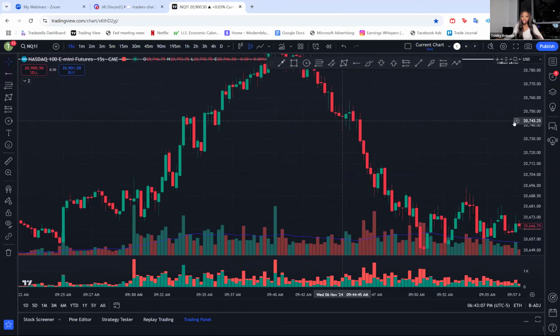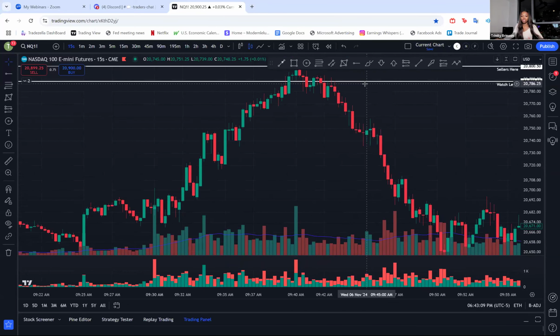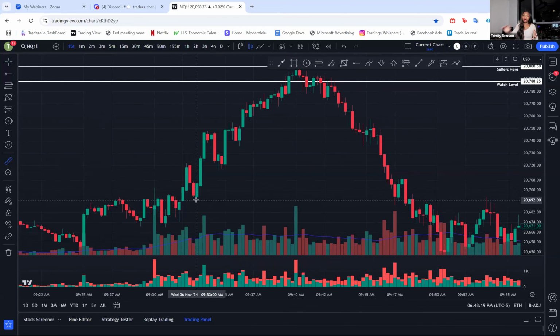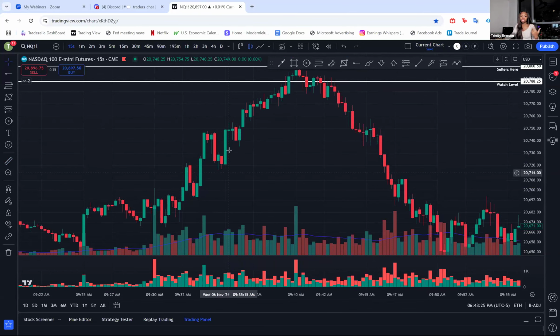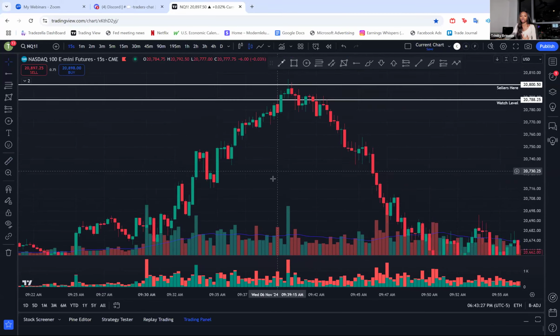Okay, so as we're moving up, we were talking about strong buying, heavy selling, all that kind of stuff. Initially we see it's a little up and down move up. It's not a super clean move up, but in the first half of that move up, we do see buyers are a lot stronger. Okay, look at these strong candles, even coming down. But these buyers, as we're moving up, are a lot stronger.